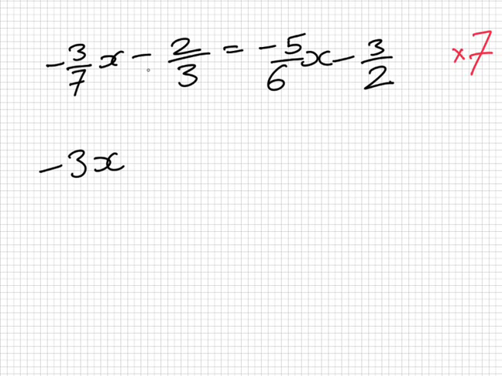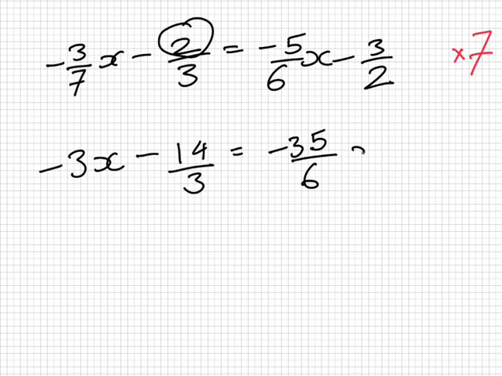It doesn't matter, it's only an example. So we multiply everything by 7. We get minus 3x, and then here minus 14 over 3, because we multiplied this by 7. Multiplying this by 7, minus 35 over 6x minus 21 over 2.